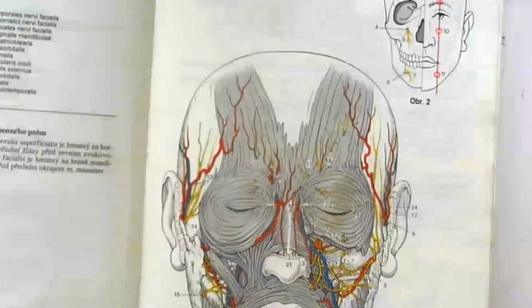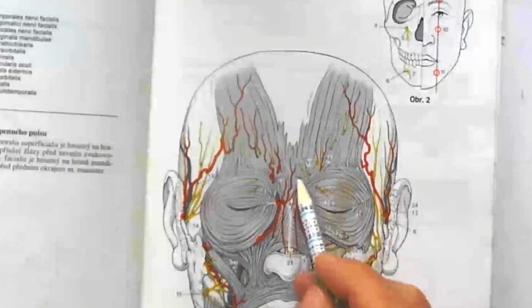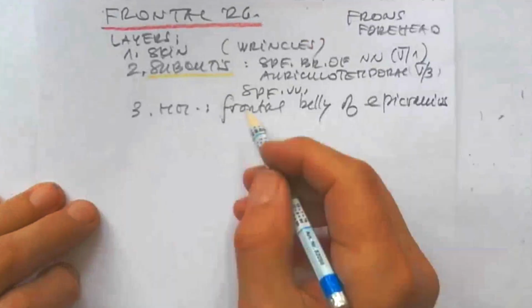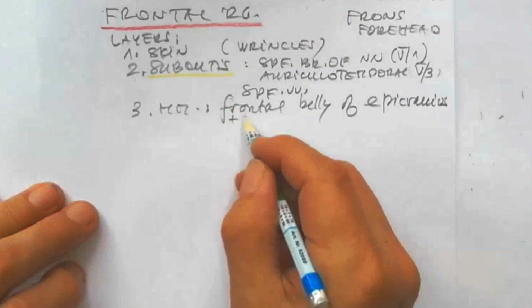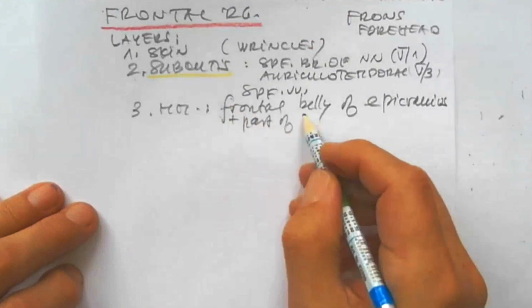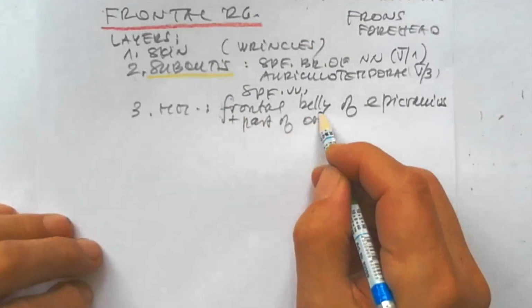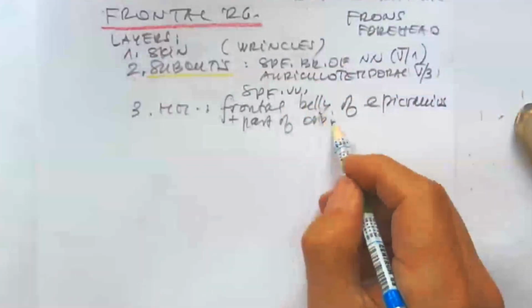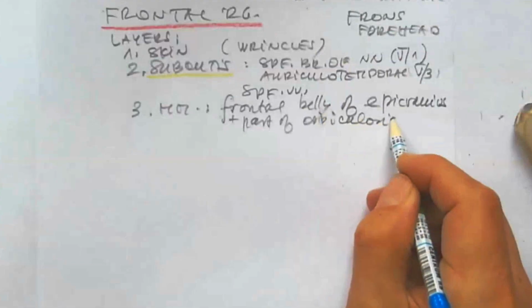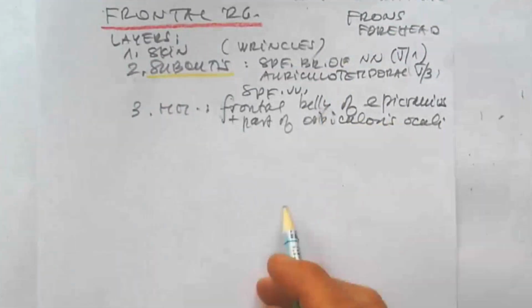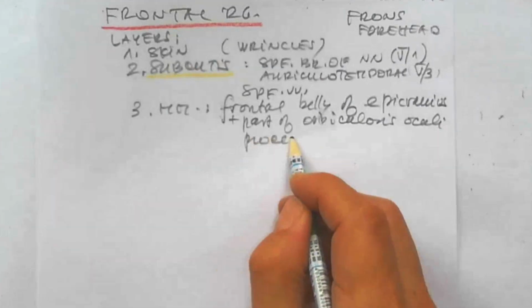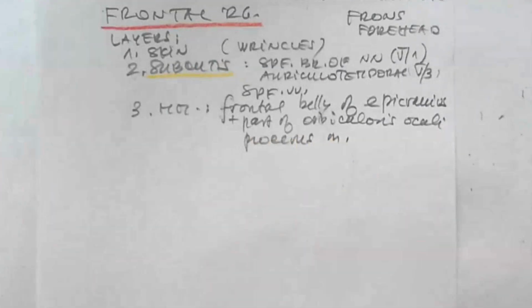You see here when we look, there is also part of orbicularis oculi and also the corrugator supercilii, etc. No need to speak about them. And at the same level is the procerus. Also, we said procerus muscle and the corrugators.